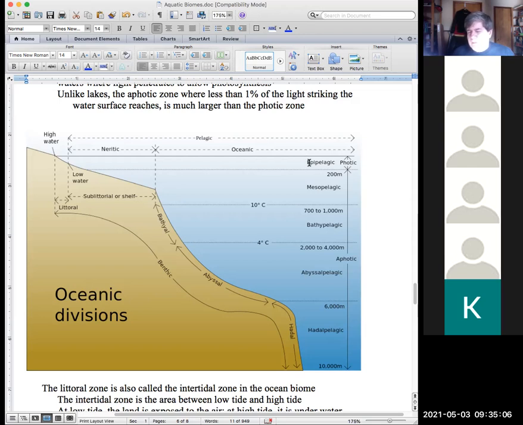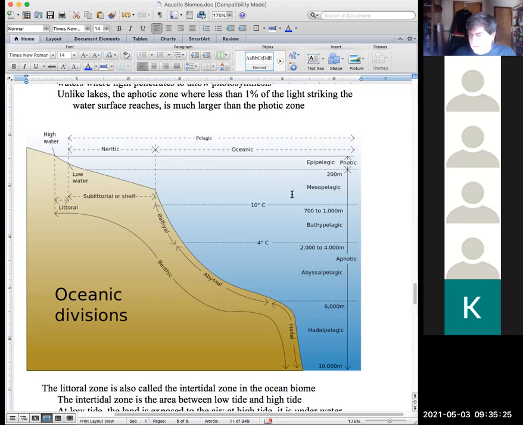So the epipelagic zone is the zone of water down to about 200 meters where at least 1% of the light that hit the surface of the ocean penetrates. So this is where we find photosynthesizing organisms.